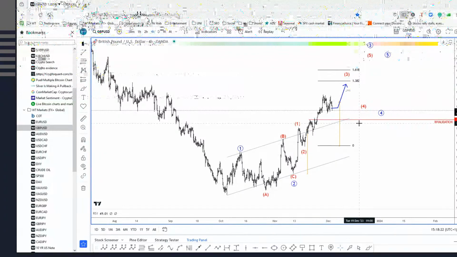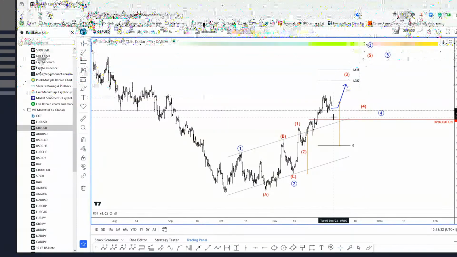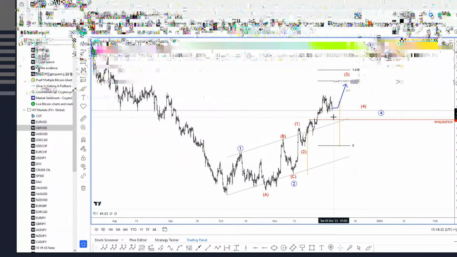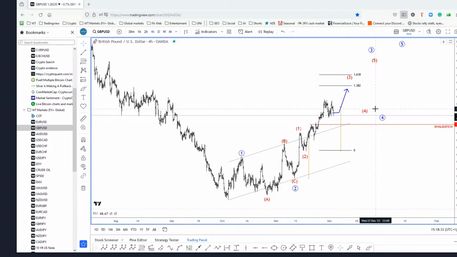But I'm definitely in camp of the pound. I definitely think that there can be some interesting opportunities on the long side, but I just think that it's a little bit too early at this stage, at least for me. But I will certainly be tracking price action very closely this week.